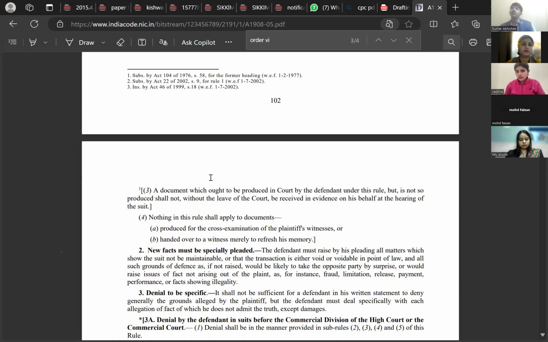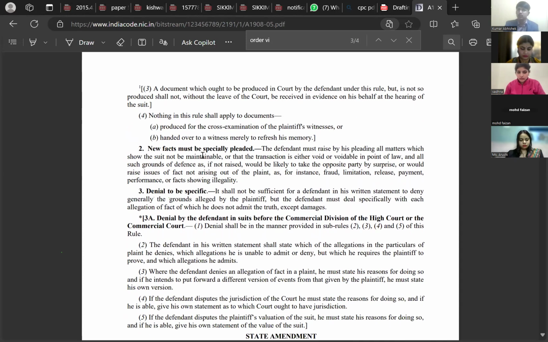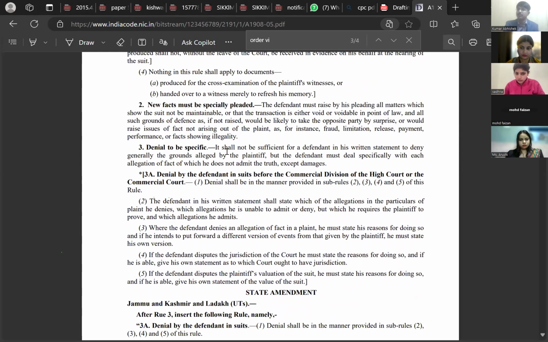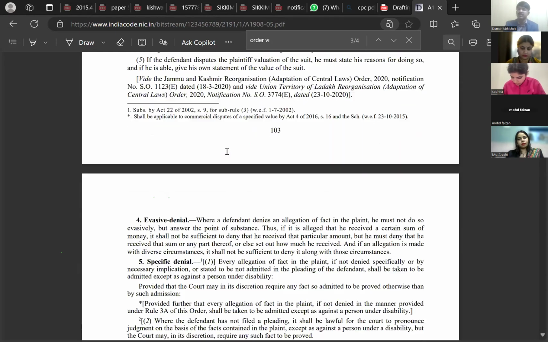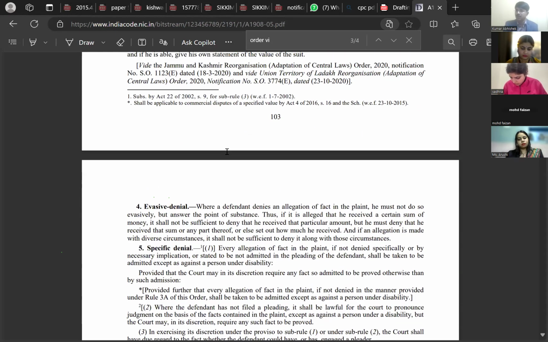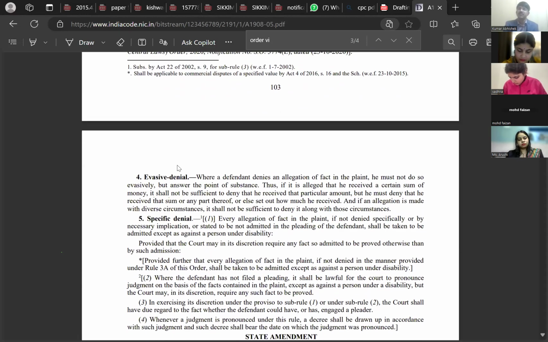Otherwise, it will amount to an admission if you are not denying something specifically. Therefore, the rules say that if there is a new fact, then they have to specifically plead it. Similarly, if there is a denial of any particular fact raised in the plaint of the other person, then the denial has to be specific.